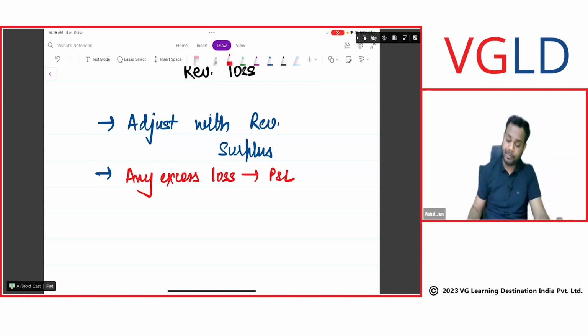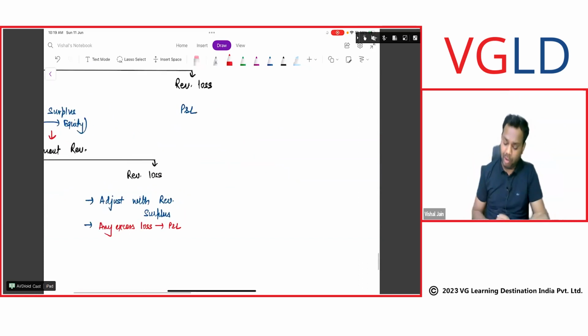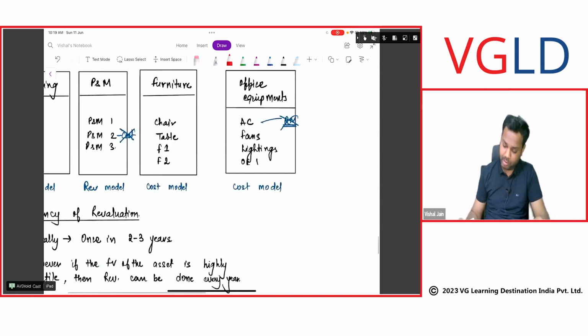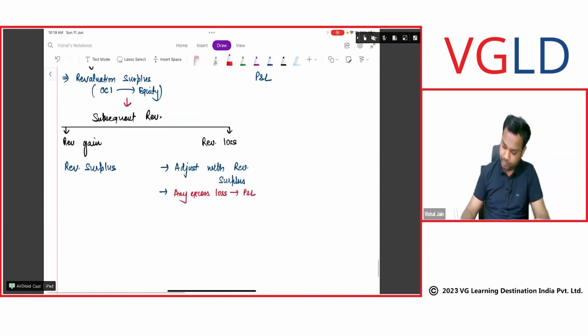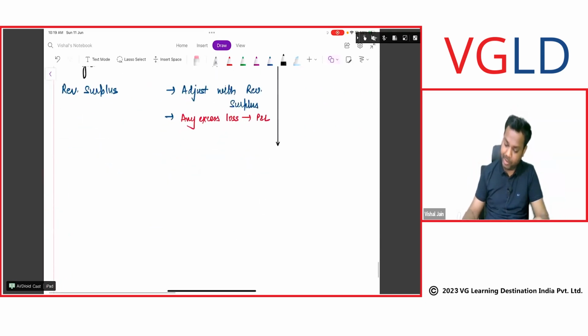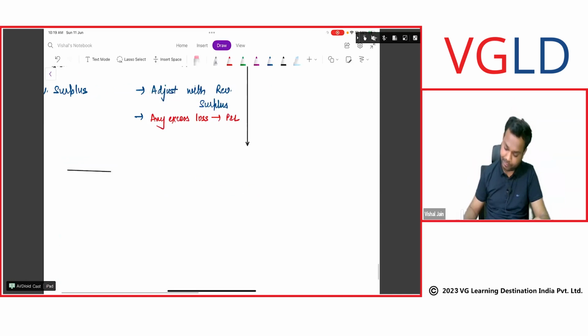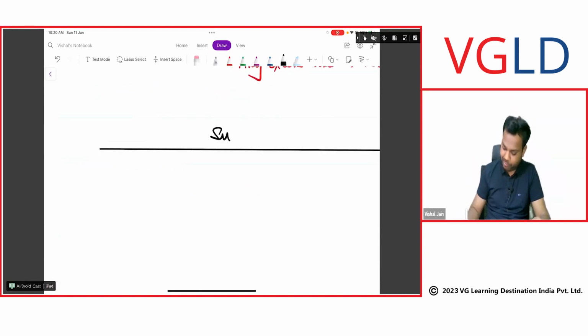Now, a revaluation loss is there, and now again a subsequent revaluation.